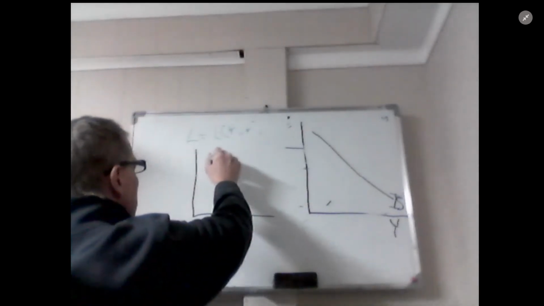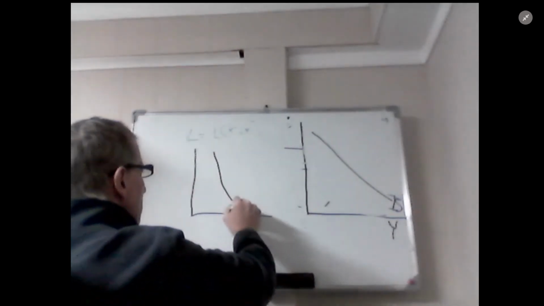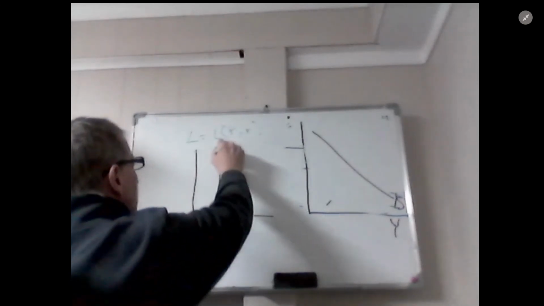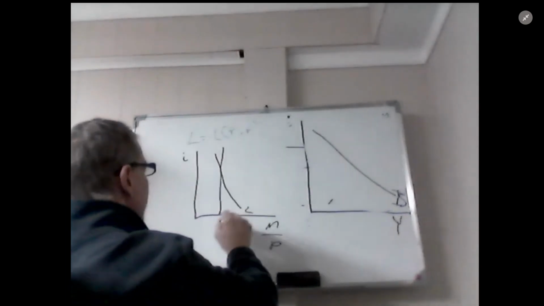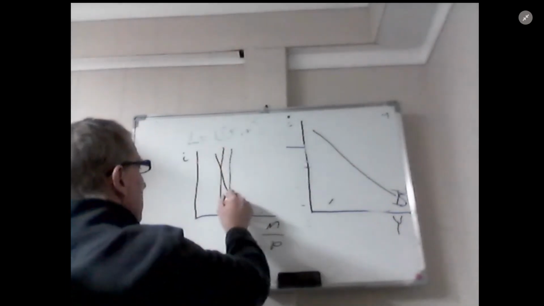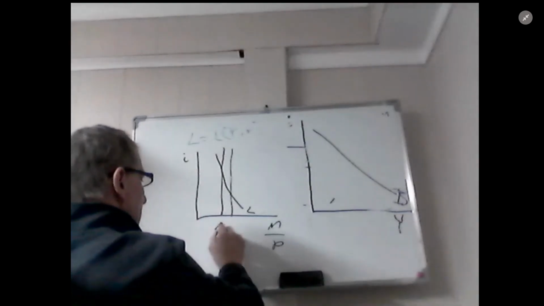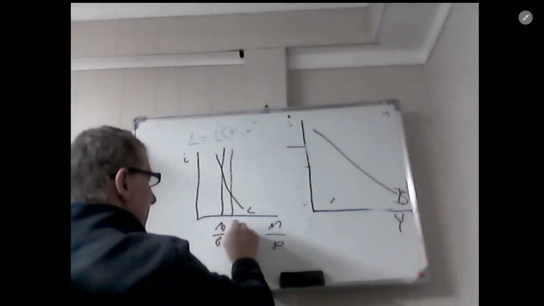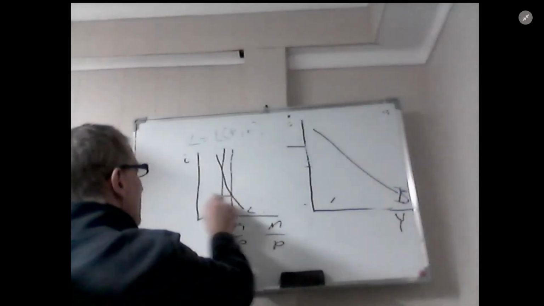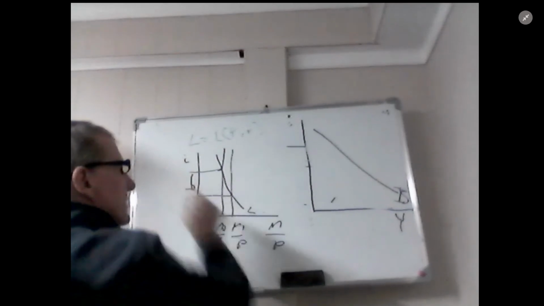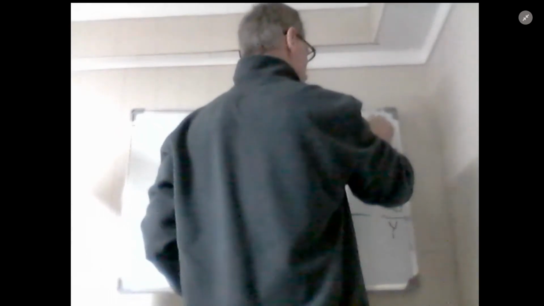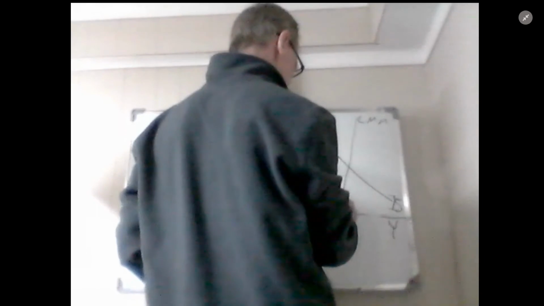And if the demand for real balances is really steep, then increasing the money supply, M over P, this is L. If I increase the money supply from M0 over P to M1 over P, I'm having a huge decrease in interest rates. That means my LM curve is very steep.